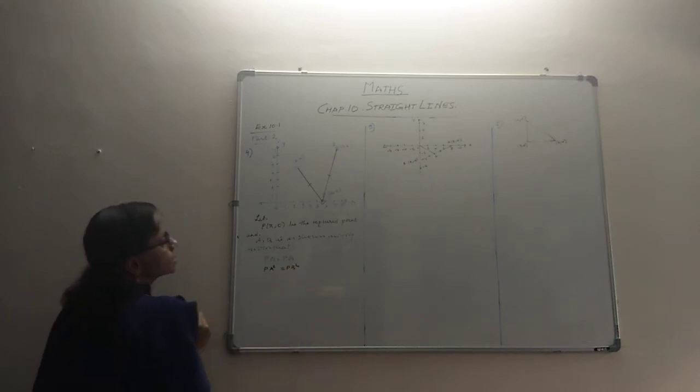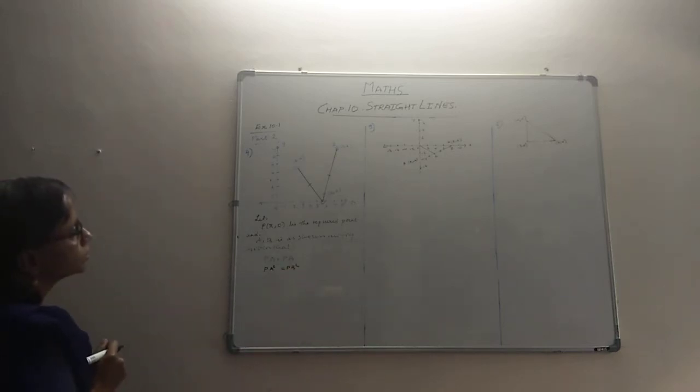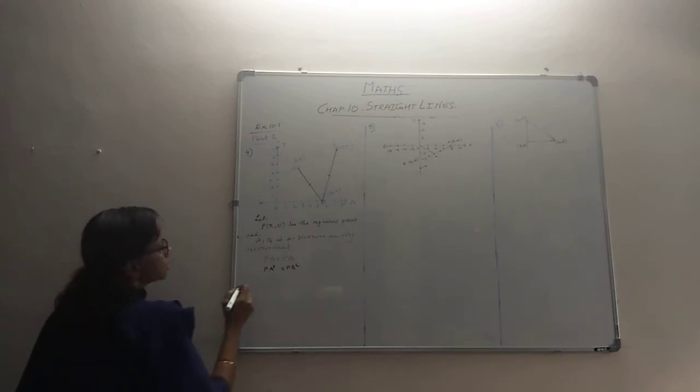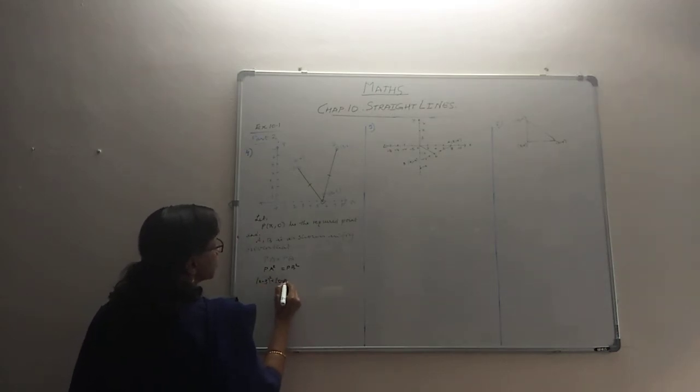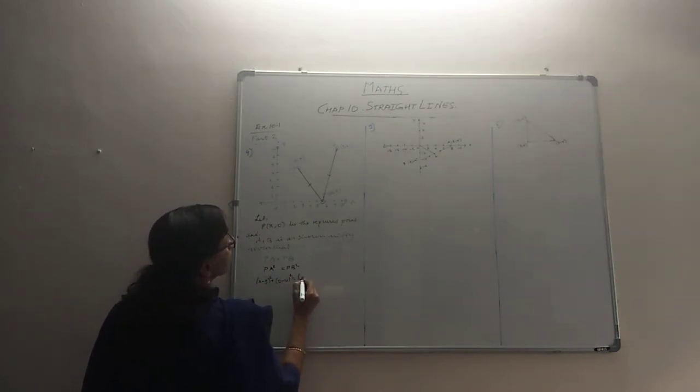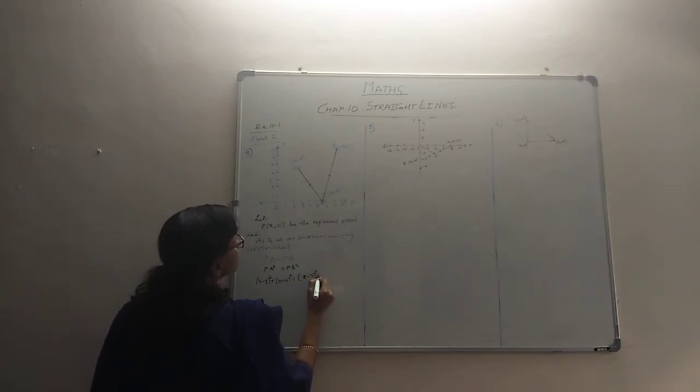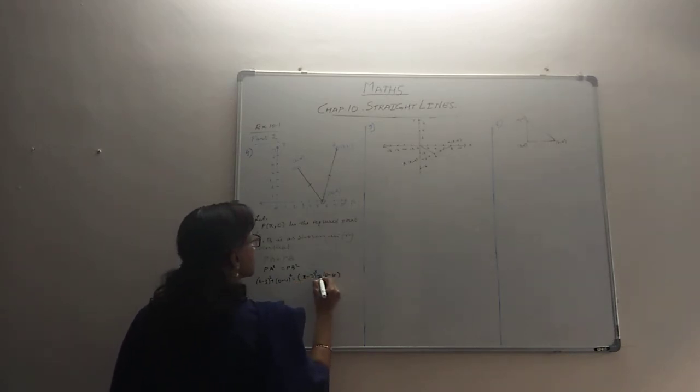Let's apply the distance formula and see what comes. (x minus 3) the whole squared plus (0 minus 4) the whole squared equal to (x minus 7) the whole squared plus (0 minus 6) the whole squared.